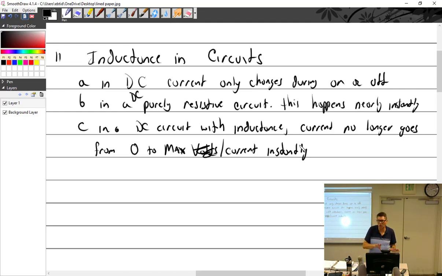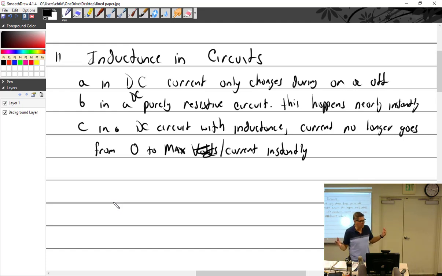So now it slows the current down. It's going to take a while to get through, so it's no longer instant. The greater the inductance, the more henries, the longer that takes. It's like inertia.